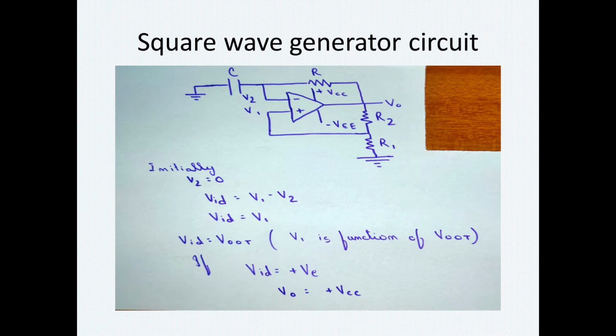So VID is equal to V1, and V1 is a function of the output offset voltage and depends on the values of R1 and R2. That is, the output of the operational amplifier in this circuit will be in positive or negative saturation depending on whether the differential voltage VID is positive or negative respectively.